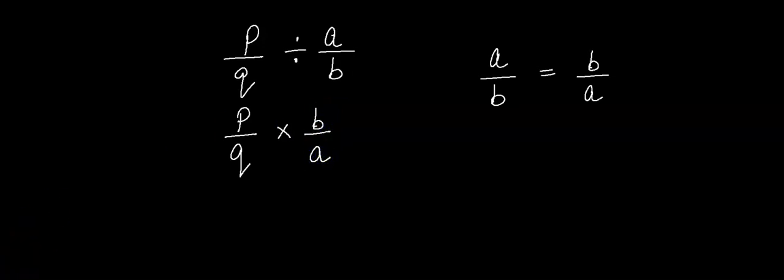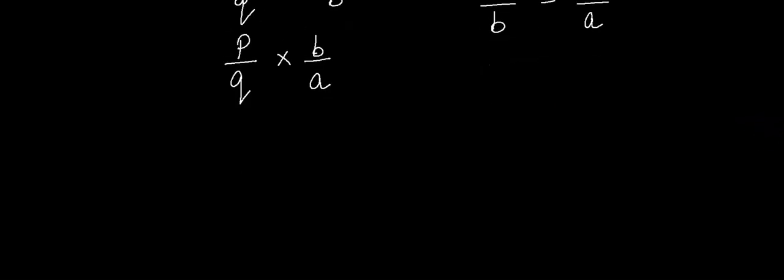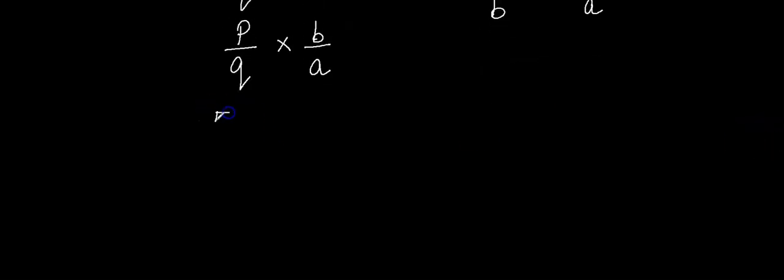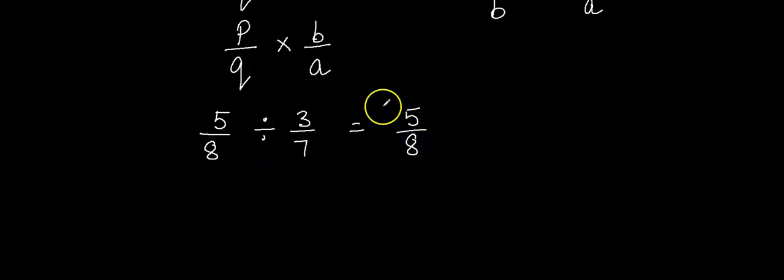Now let's check with the help of an example. Say we have 5 over 8 divided by 3 over 7. Since 3 over 7 is our second fraction, we always need to flip the second fraction. So we simply flip it, and that becomes 7/3, and then we convert this division into multiplication.